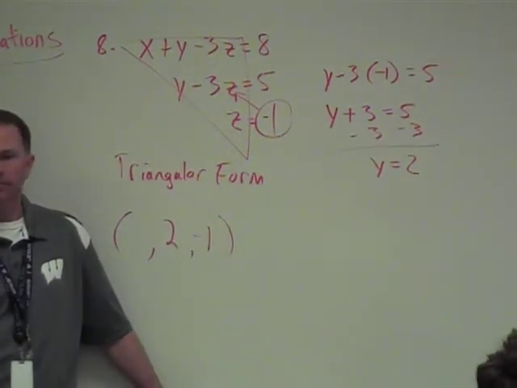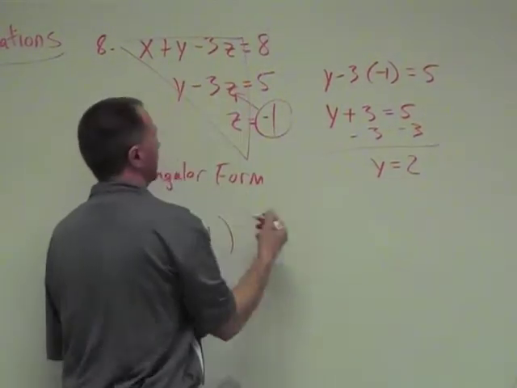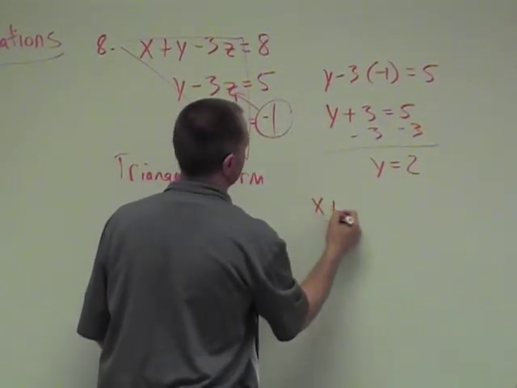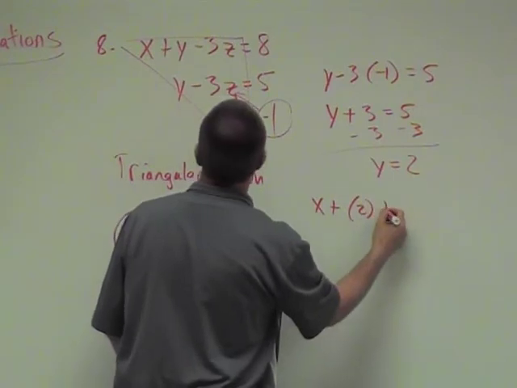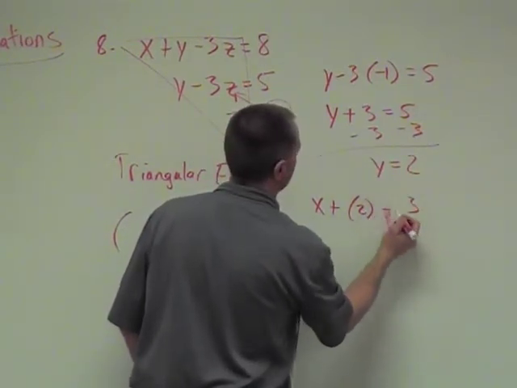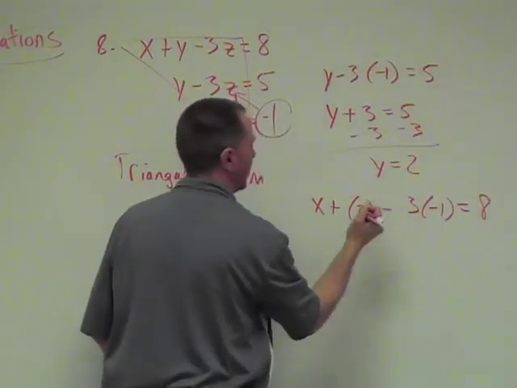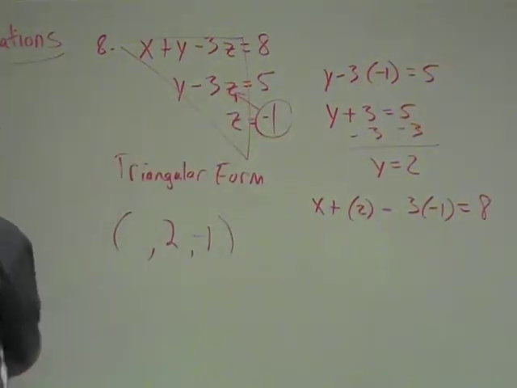Everybody get that? Okay. Now that you know y and z, you plug those into the top equation, x plus y minus 3 times z equals 8. Everybody solve that. Let's see what you get.